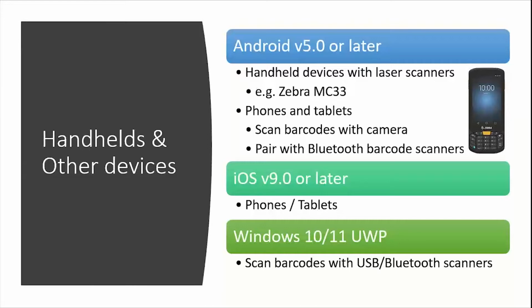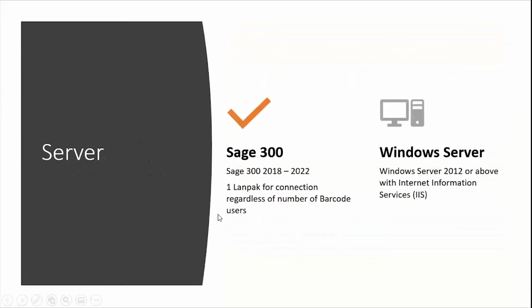And then lastly, we can also support what we call Windows 10 UWP. So it's basically allowing you to download the same app from Microsoft Store, and you can use it on PCs or laptops, maybe by attaching a barcode gun to it. So in terms of requirements for Sage 300, we only need one LAN pack to connect to Sage 300.